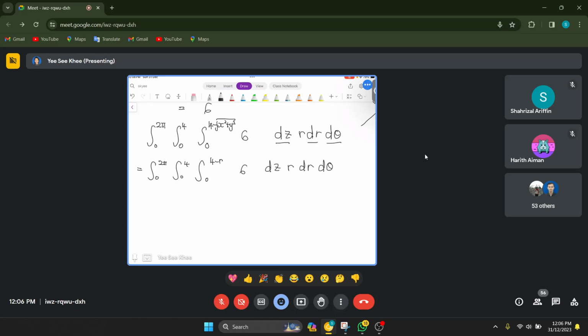So let's do the integrations. For the first integration, we have to do it manually. Integration is not differentiation. Integrate with respect to z, you get 6 times (4 minus r). Okay, 4 minus r, and now you have this r here.